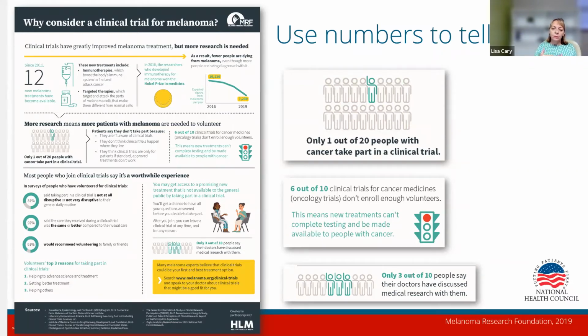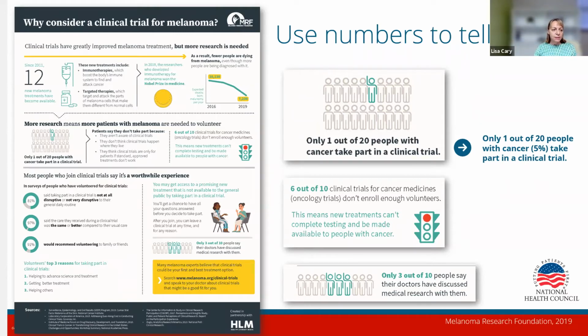But they show that people with low literacy may not understand percentages. So if you can, give the natural frequency followed by the percentage in parentheses, like this. Only 1 out of 20 people with cancer, and then in parentheses, 5%, take part in a clinical trial.